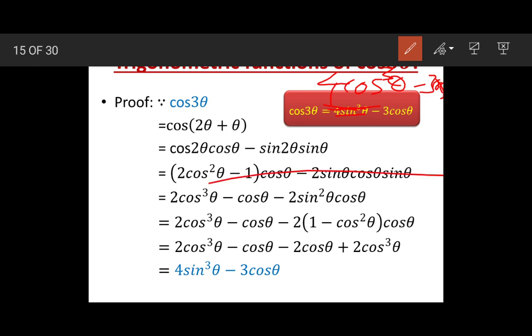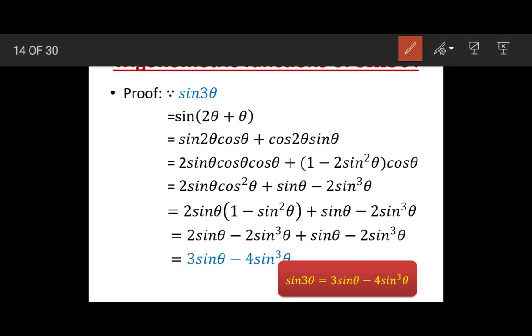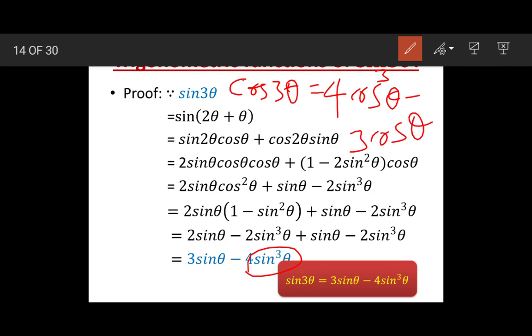In sin 3 theta formula we are having 3 sin theta minus 4 sin cube theta, while for cos 3 theta formula is first this term, so 4 cos cube theta minus 3 cos theta.